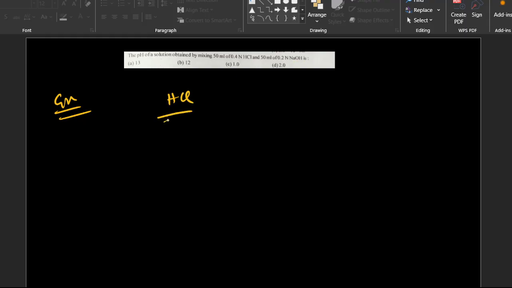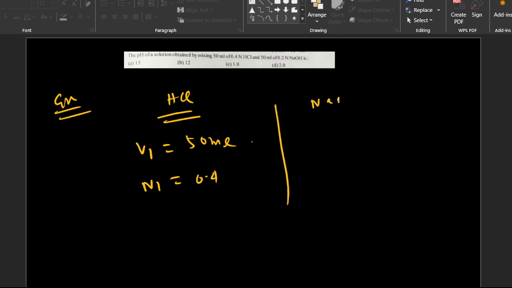So for HCl, the volume V1 is 50 ml, and the normality N1 is 0.4, and for NaOH, suppose V2 is again 50 ml, and the normality is 0.2.